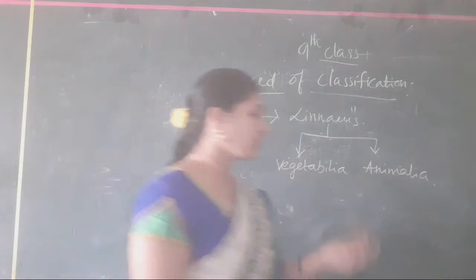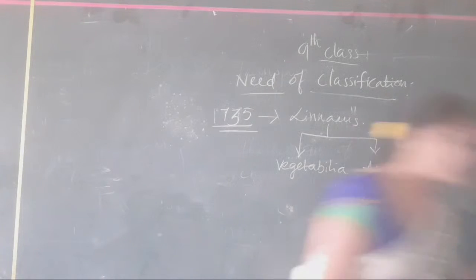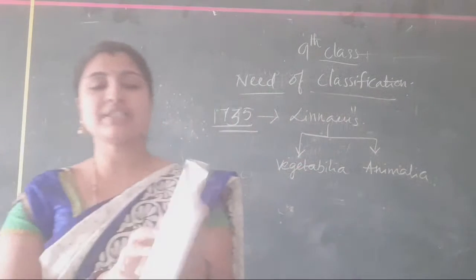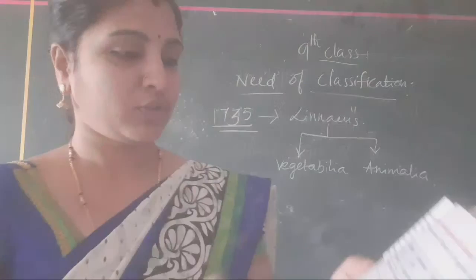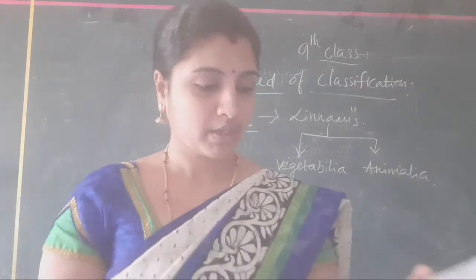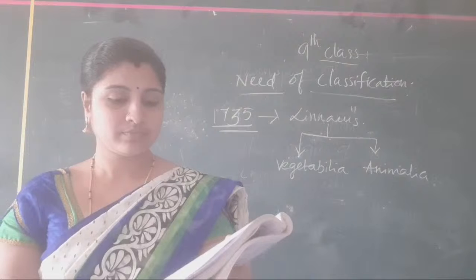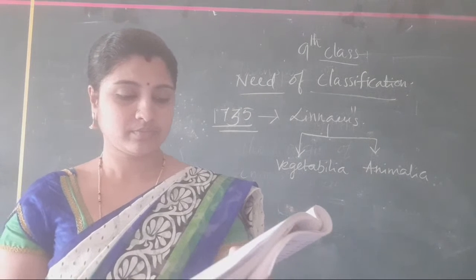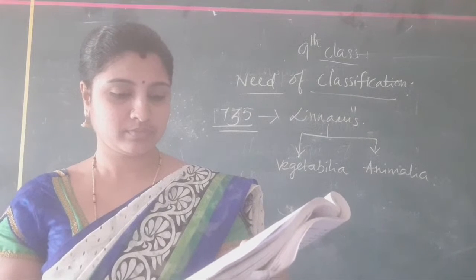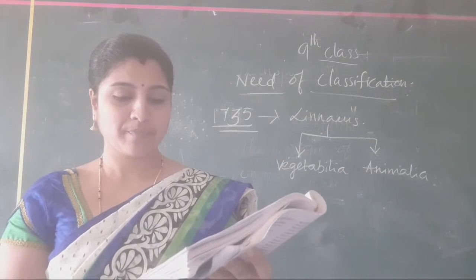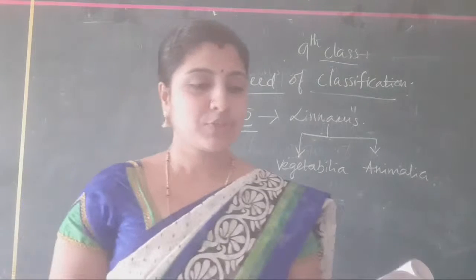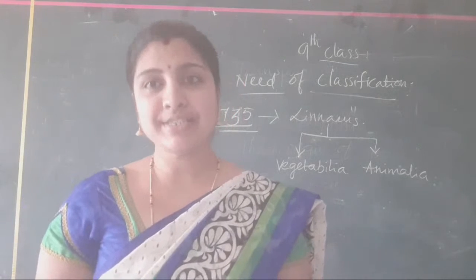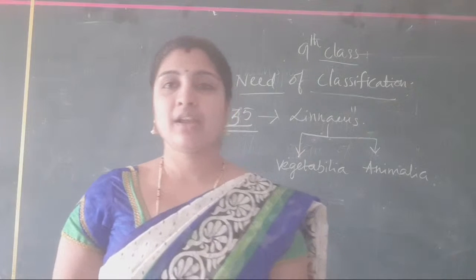Okay, 1735. Next, if you observe, another scientist, Haeckel, he divided into 3 kingdoms. All members keep this in front of you, so the board is not visible for you. In the year 1866, Haeckel, who is that?